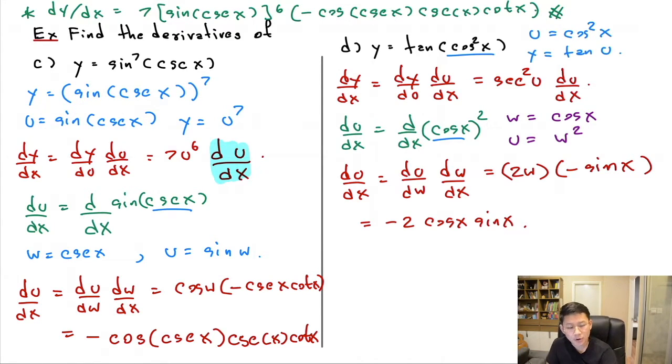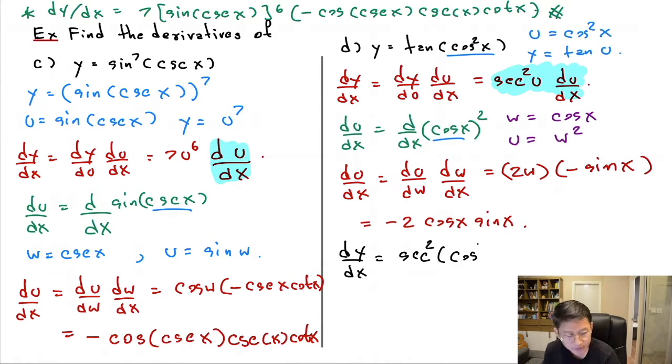Okay. So we have that dy by dx is sec squared of u, and what is u? U is cos squared x. It's sec squared of cos squared x.